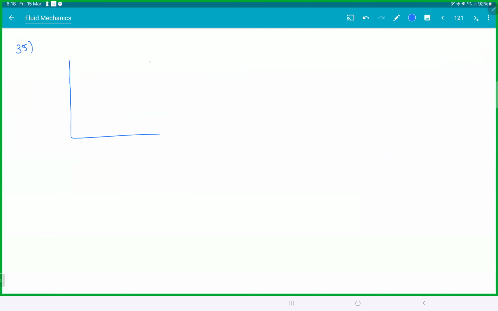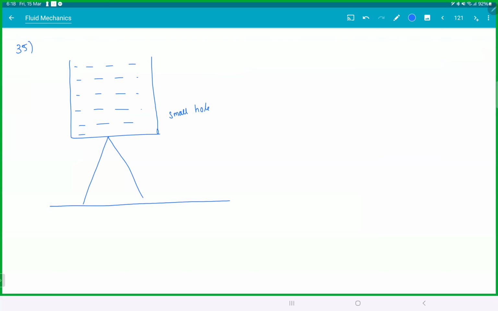Let's see how many of you will do this. So we have a small hole here at the bottom. You place this on a platform.